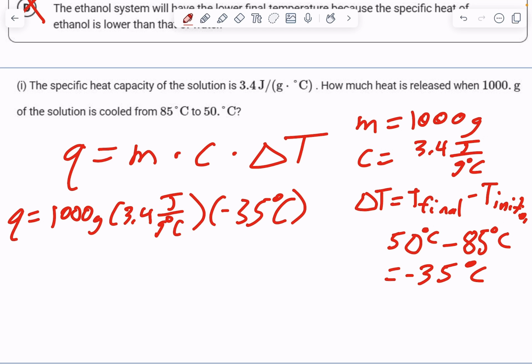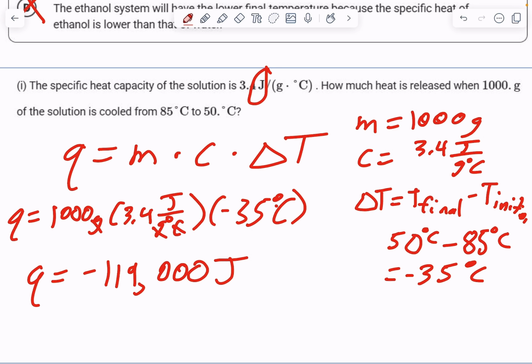Plugging that all into my calculator, I get Q equals negative 119,000 joules of energy. The reason why it's joules is from my heat capacity. The grams cancel and the degrees Celsius cancel, so my answer is left in joules. And that will always be the case with this equation.